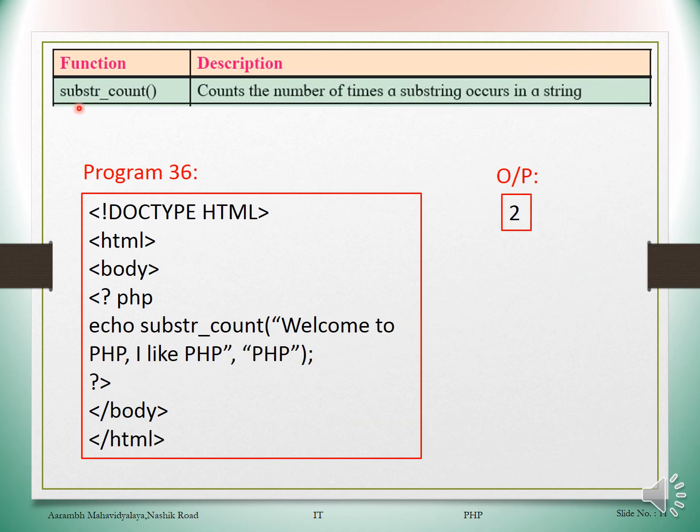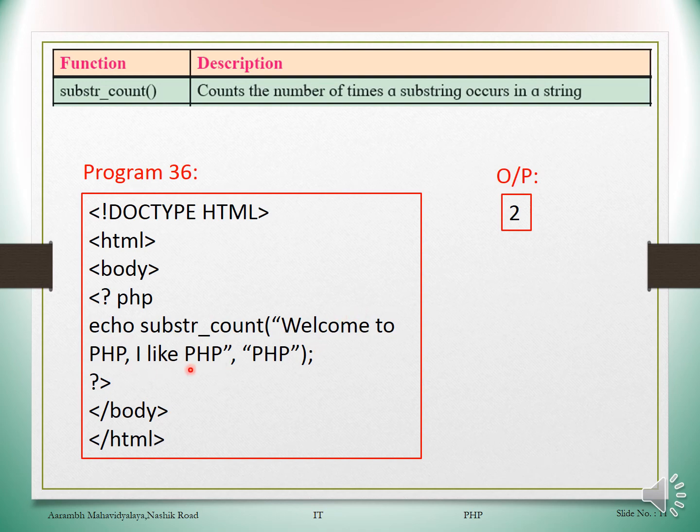The next one is substr_count. It counts the number of times a substring occurs in a string. That means in the provided string we have to count how many times a specific word or letter has occurred. Here echo substr_count. Again, substr and count are two different words combined using the underscore. substr_count, "welcome to PHP, I like PHP".